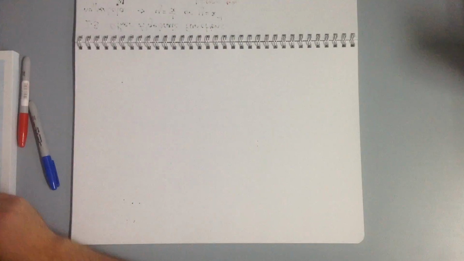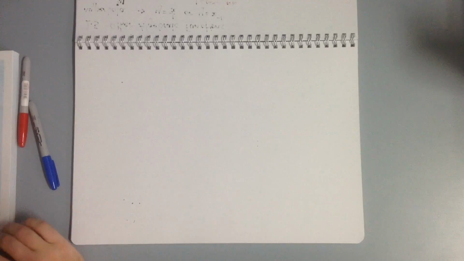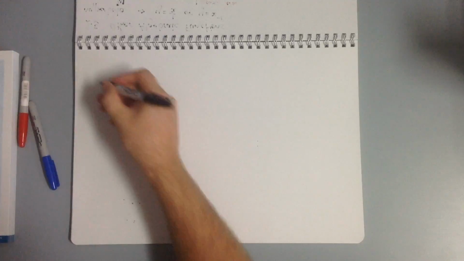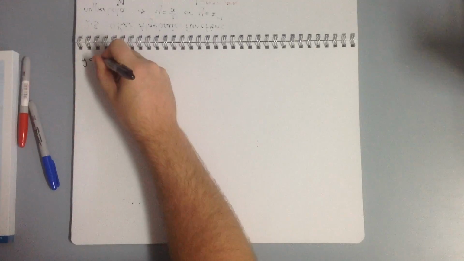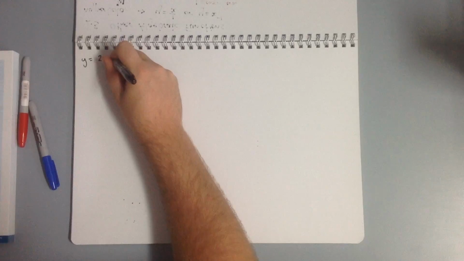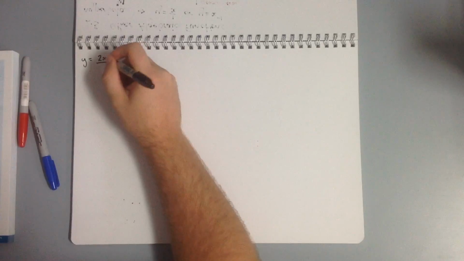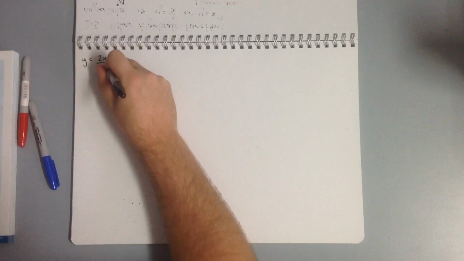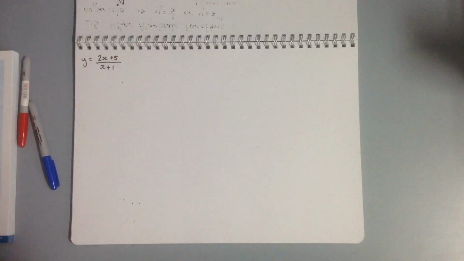The one that I'm actually going to do is worked example 7 part B. For this one we have the function y equals (2x plus 5) over (x plus 1). And we want to find the maximal domain of this.